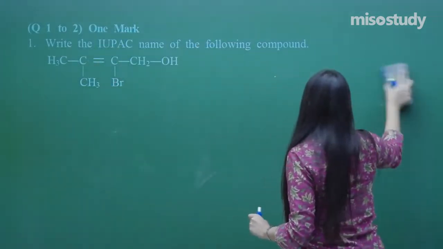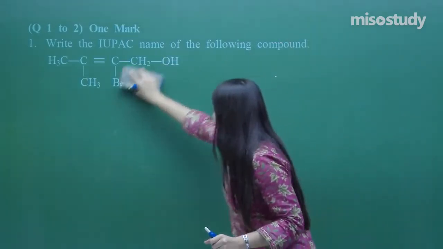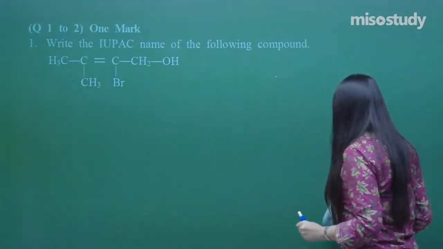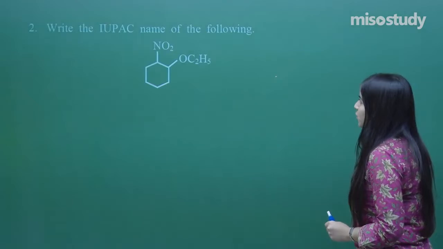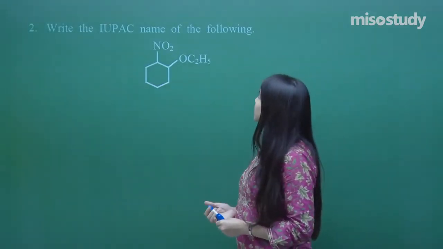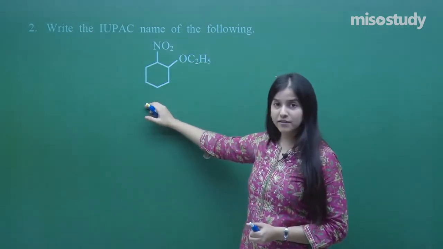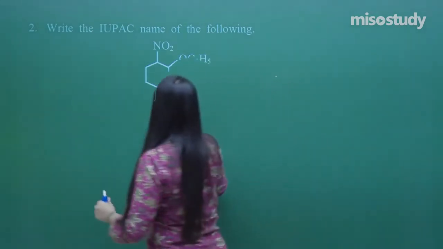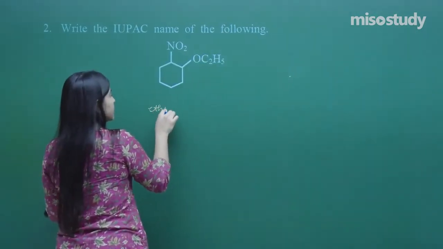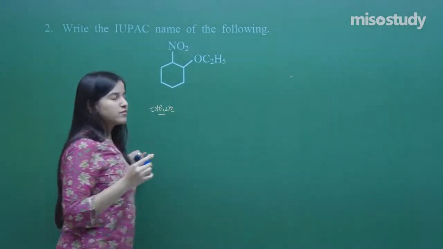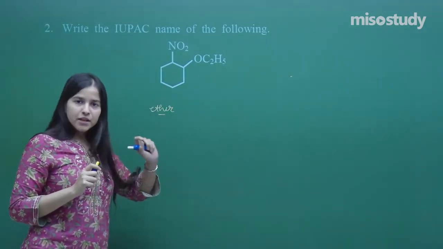So this IUPAC name was kind of typical. Each and every kind of concept was applied here. Next one, write the IUPAC name of the following. So it's again a typical one, right? It is first of all an ether, and in ether most of the time students face problems.